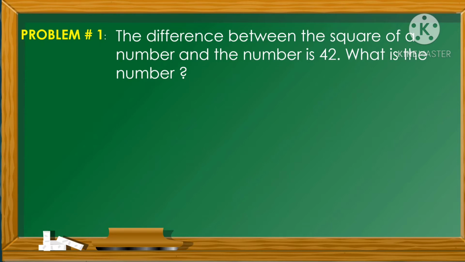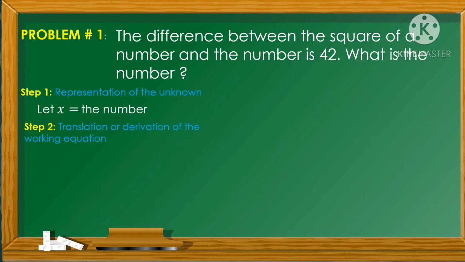Okay? So first we have to make a representation for the unknown. The unknown is the number, so let's say, let x be the number. Yun yung variable na i-represent natin doon sa number na hinahanap natin.